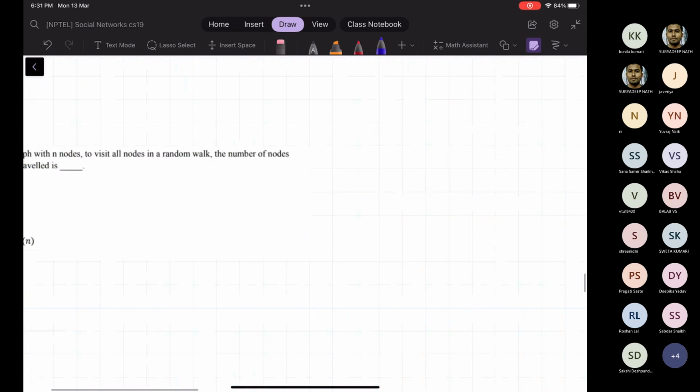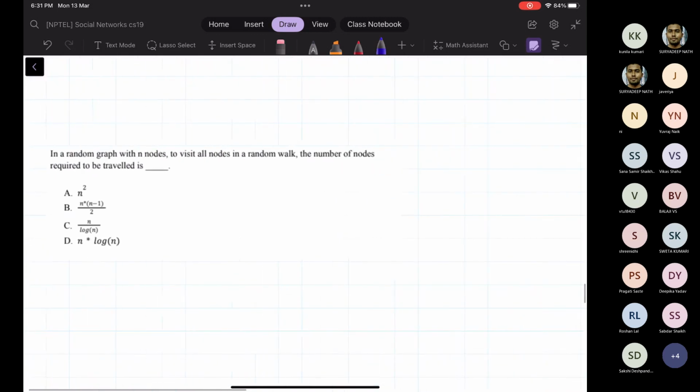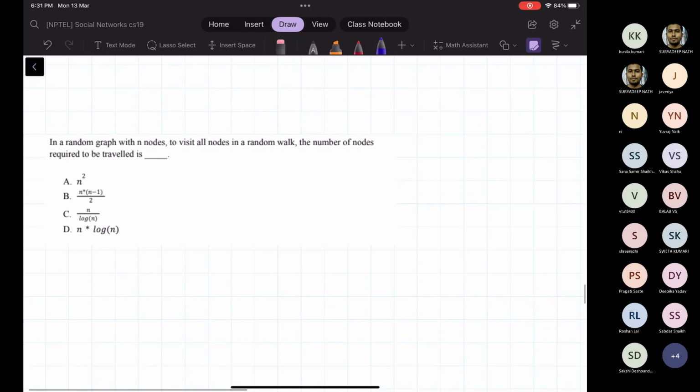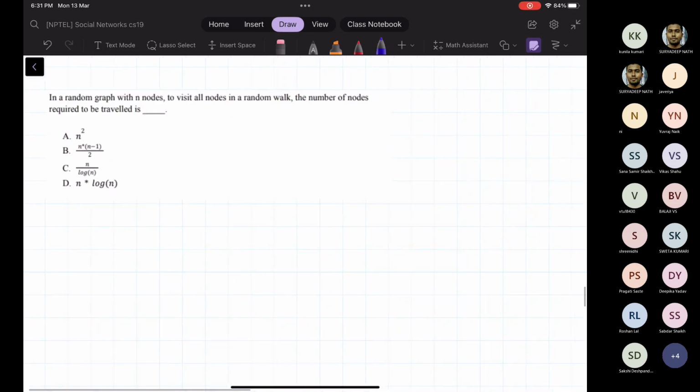In a random graph, to visit all nodes in a random walk, the number of nodes required to be traveled is, so you have n nodes in the graph, and you have to visit all the nodes in a random walk.